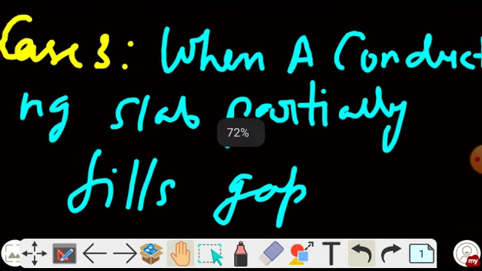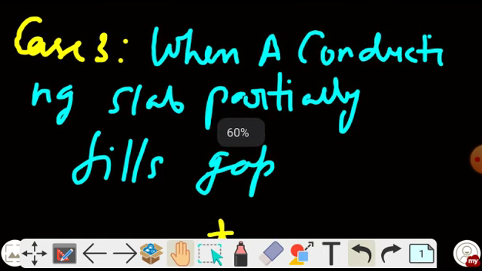In the third case, the conducting slab is going to partially fill the gap between the plates. In the second case, it completely fills the gap, but in this case, it will partially fill the gap between the plates.